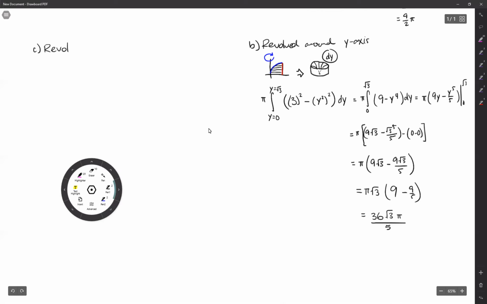So revolved around the vertical line x equals 3. Okay, so what that looks like is the axis of rotation is actually right here.